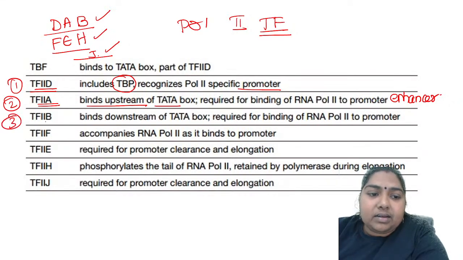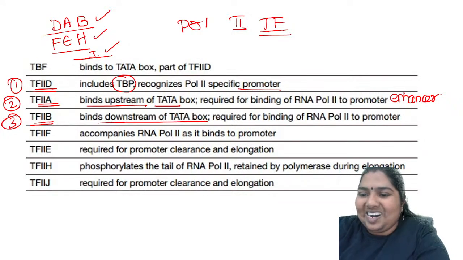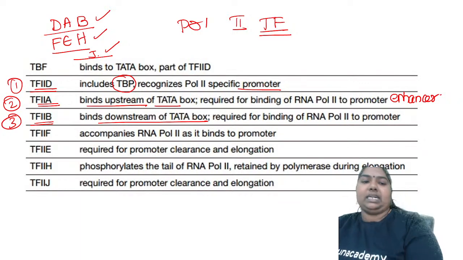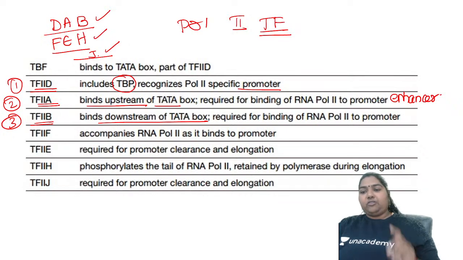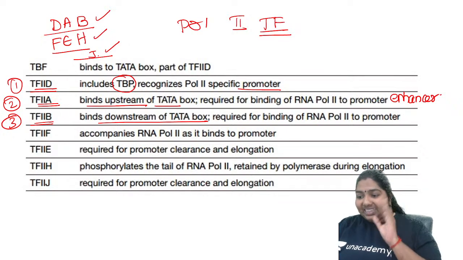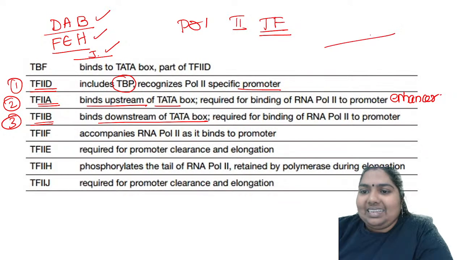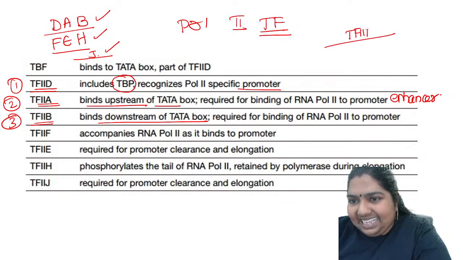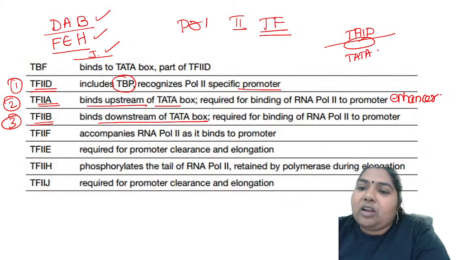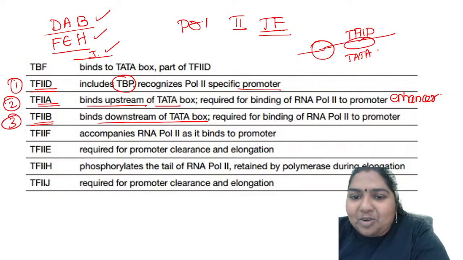TF2B binds downstream to the TATA box. TF2D is only binding with the TATA box. Who is binding upstream to the TATA box?